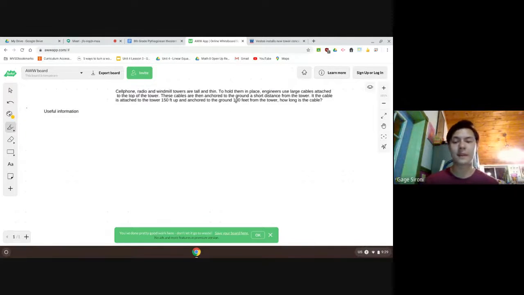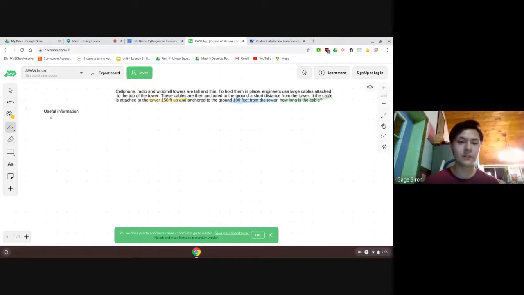All right. First thing, the cable is attached to the tower 150 feet up. All right, so 150 feet up. And pick another color right here. Anchored to the ground 100 feet away. Okay. And then what we're trying to find, obviously, is the length of this thing. All right.